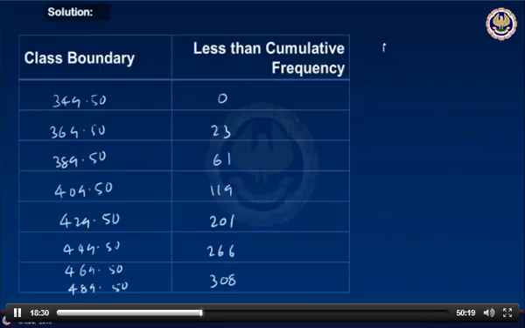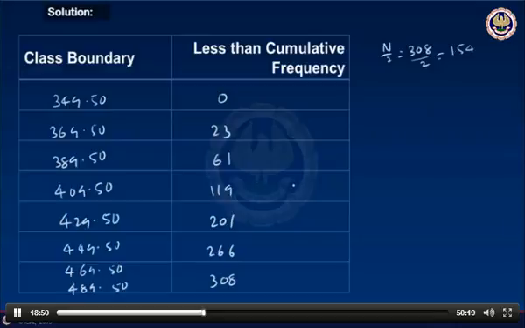It lies between the two cumulative frequencies 119 and 201.